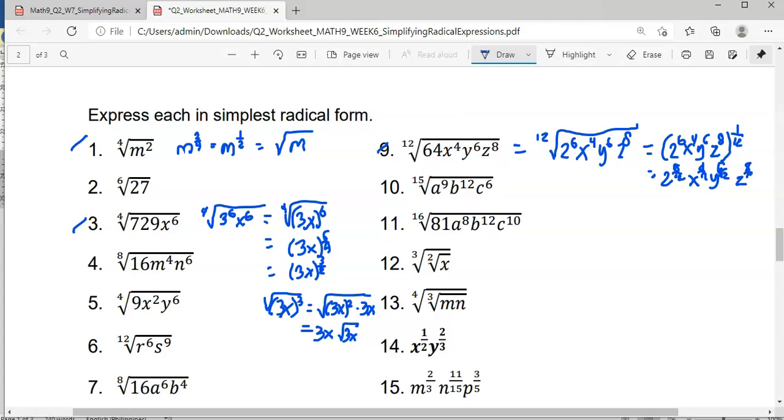Since ang denominator nila ay puro 12, so ibalik natin sa radical. Gagawin na natin dyan ay i-lowest term yung exponent. So magiging 2 raised to 1 half. Okay, then x raised to 1/3. Then y raised to 1 half, then z raised to 2/3.